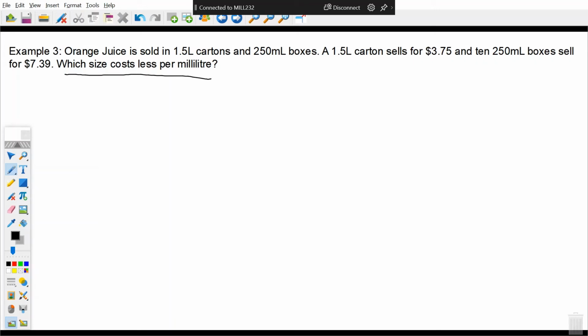So we'll set this up as the carton on one side and the boxes over here. They want it per 1 milliliter. So the carton is $3.75 for 1.5 liters.